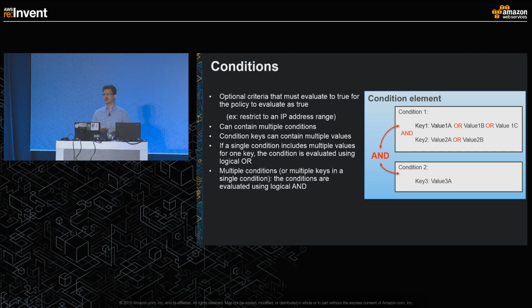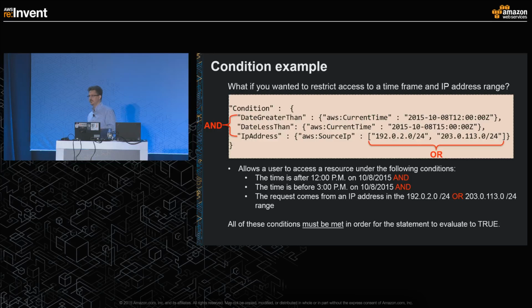If any of those things are false, the entire policy, or I should say the entire statement for that policy, is treated as false. Now, if that was completely confusing, let's take a look at a real example. So let's say that we wanted to have a condition that had to be October 8th, which today it is.